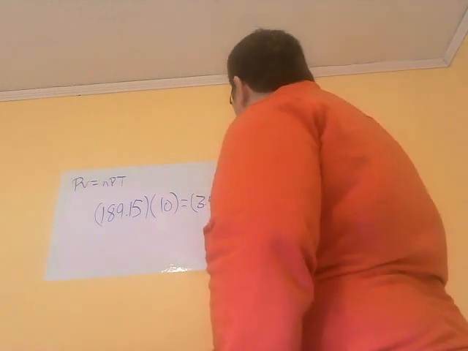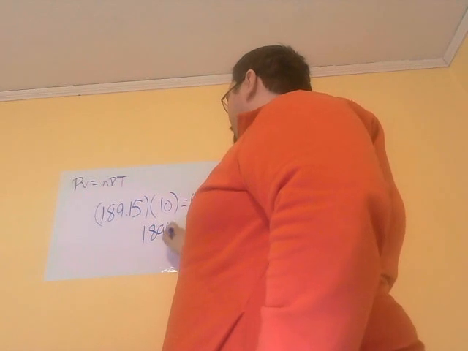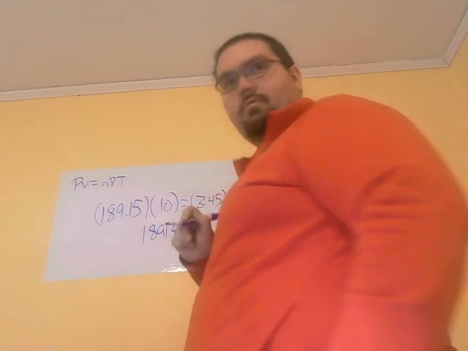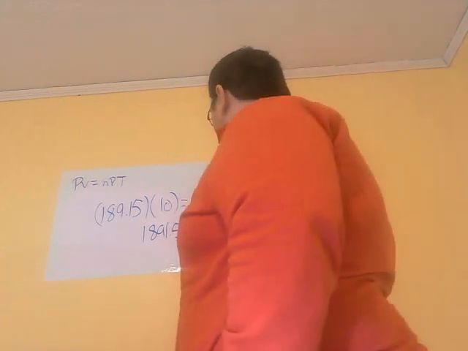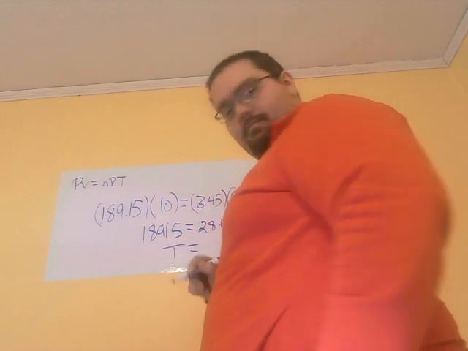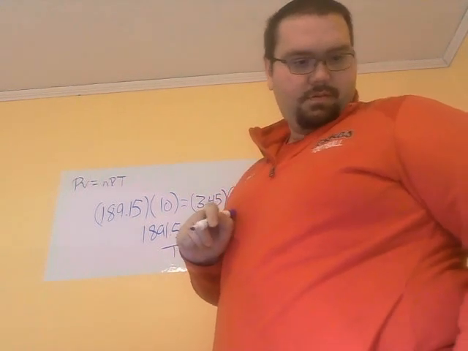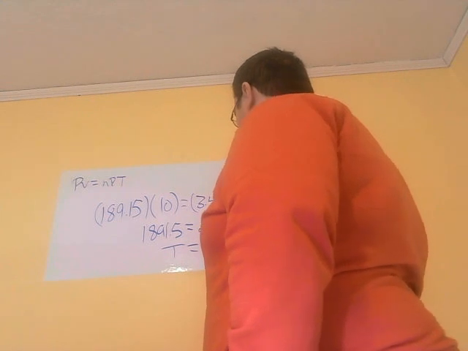And we're trying to solve for T. So we get 1,891.5 is equal to 28.68 T, which means T is equal to 65.95 Kelvin.